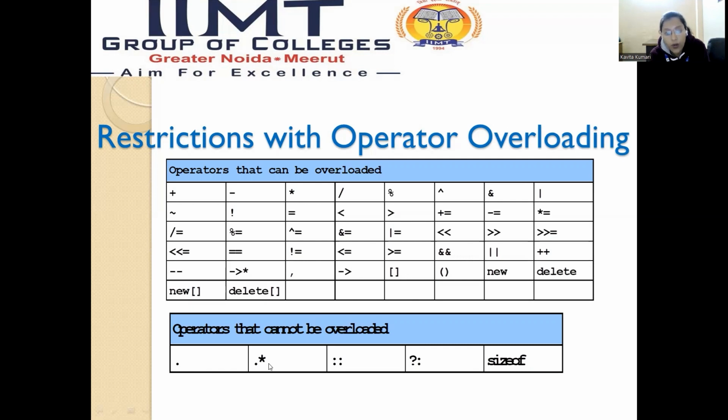Another one is the pointer to member operator. The third one is your scope resolution operator. The fourth one is your ternary operator. And the last one is your sizeof operator. That means these 5 operators can never be overloaded. This is the restriction on operator overloading.